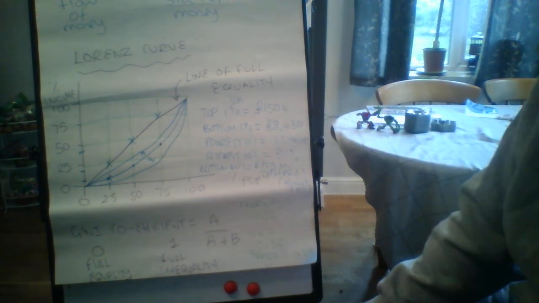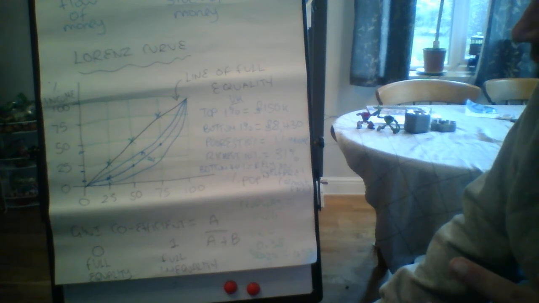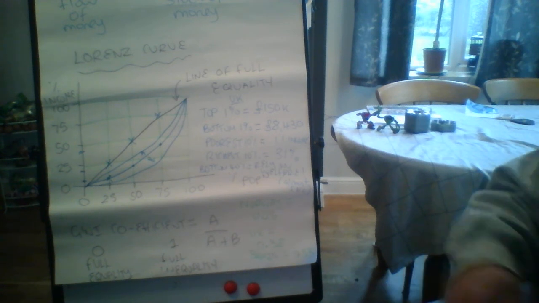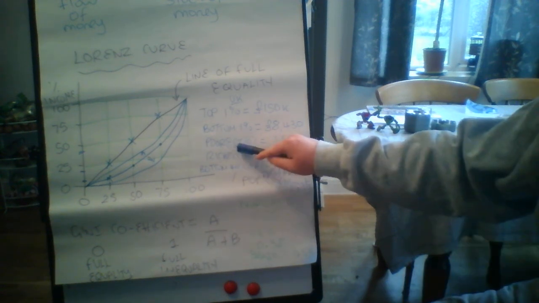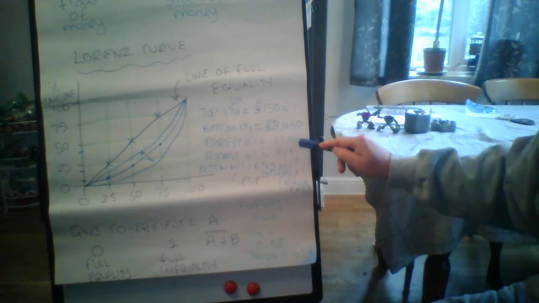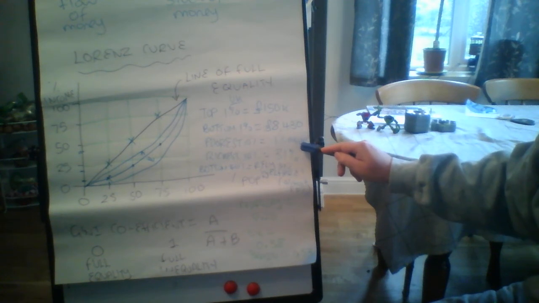The UK is one of the world's most unequal rich countries. So if you were looking at places like Scandinavia, you would find that inequality is far lower than what it is in somewhere like Britain. The poorest 10% of people, so these people down here, between them they have got 1% of the country's income.